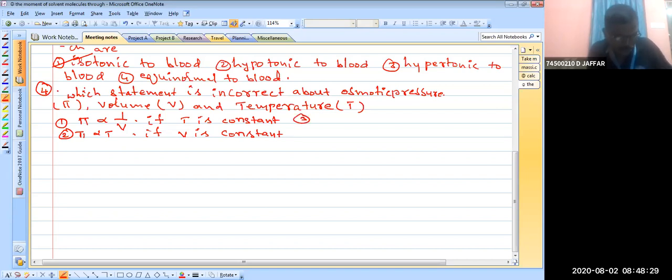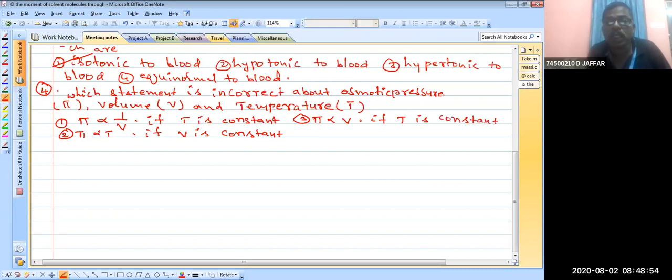Option 3: pi is directly proportional to V if T is constant.